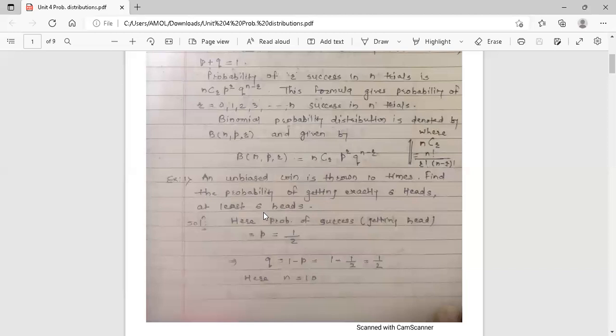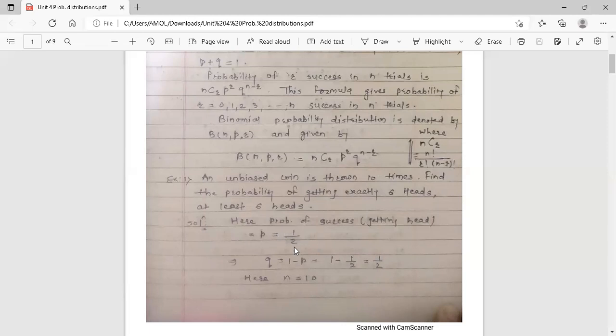The coin is thrown 10 times, so the number of trials n is equal to 10. And the standard probability of getting head when we toss the coin in air is obviously 1 by 2, because there are only 2 outcomes, and the probability of getting head out of those 2 outcomes is 1.